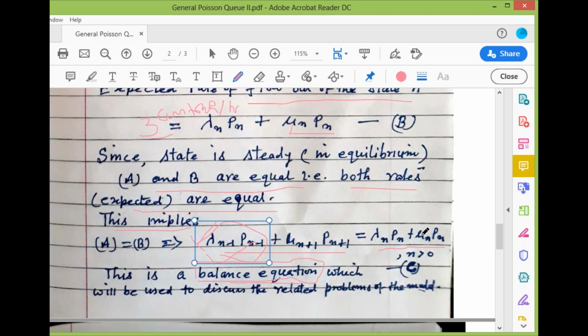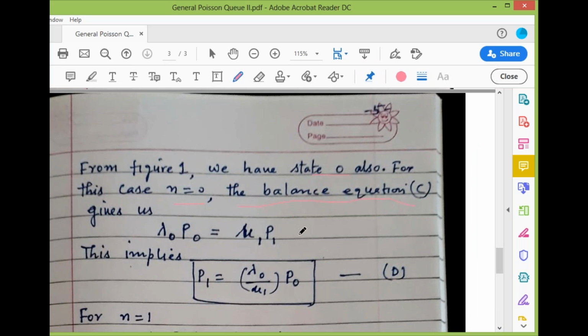Worth noting this very point: mu naught is not defined, so this term is rejected, and this term is also rejected. So you are getting mu1 P1 and lambda naught P naught. Remember this one.